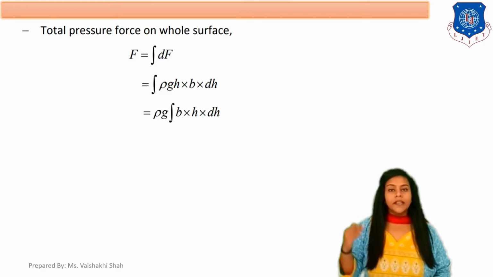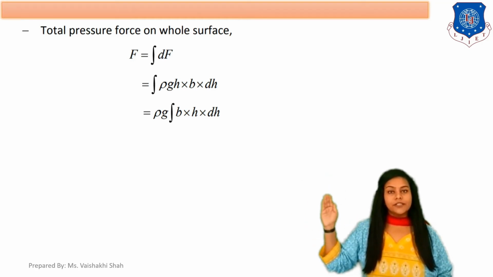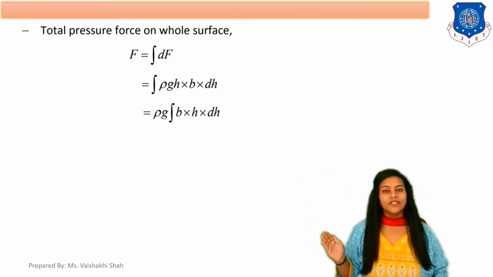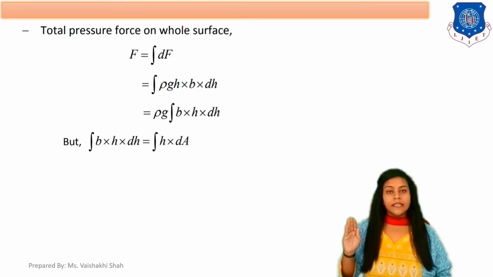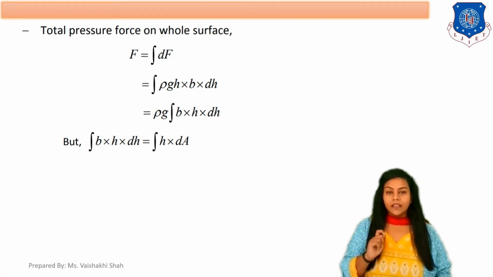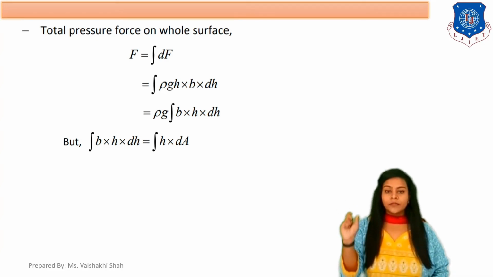Now here rho and g are constants. So integration of b into h into dh. What is b?